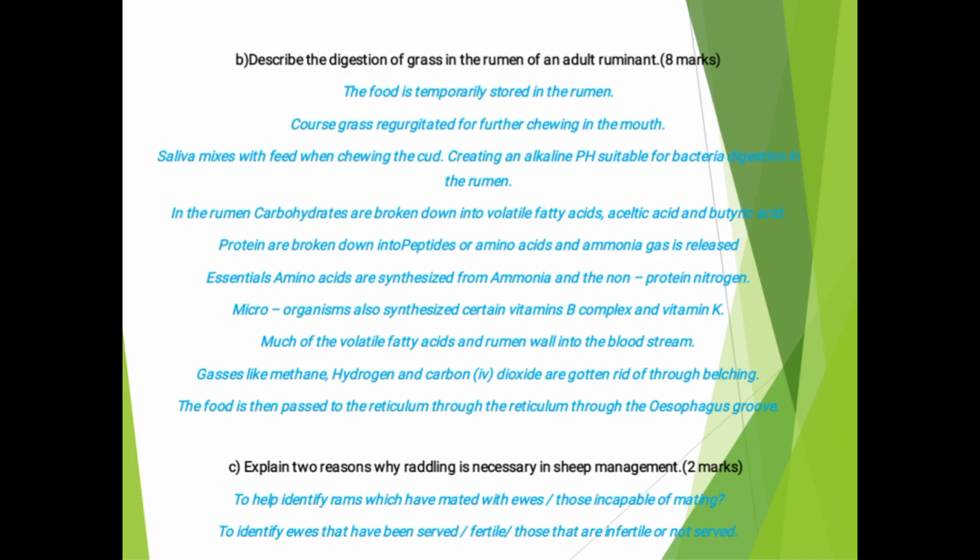Describe the digestion of grass in the rumen of an adult ruminant. So the food is temporarily stored in the rumen. As it is stored there, coarse grass is regurgitated for further chewing in the mouth. You see the grass has been returned back to the mouth and there is chewing.